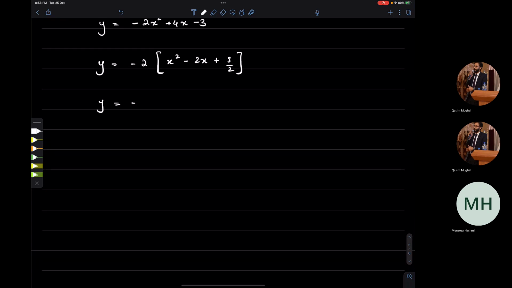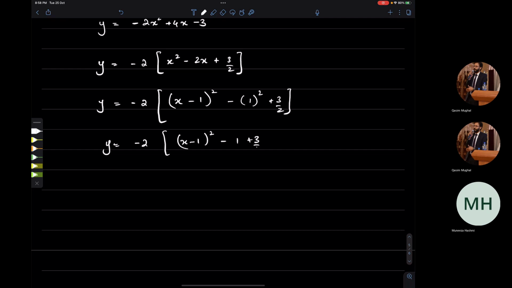Now y equals minus 2 (x minus 1) whole squared minus 1 whole squared plus 3/2. Y equals minus 2 (x minus 1) whole squared minus 1 plus 3/2. And that's going to leave us with (x minus 1) whole squared plus 1/2.